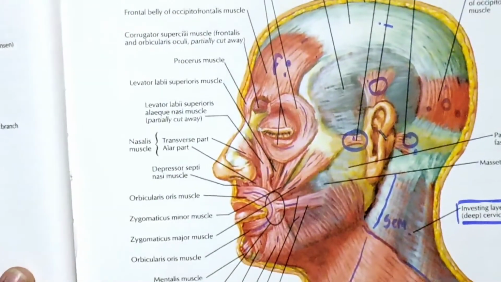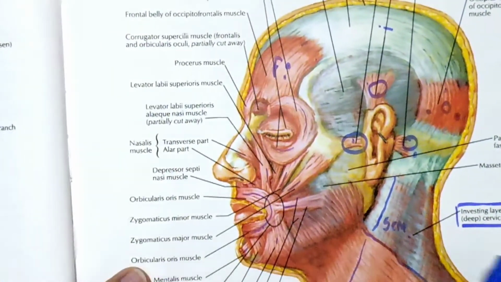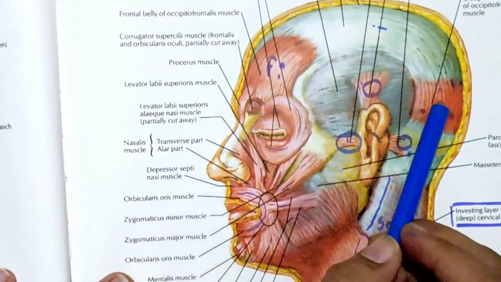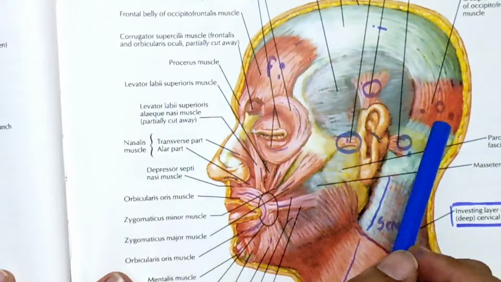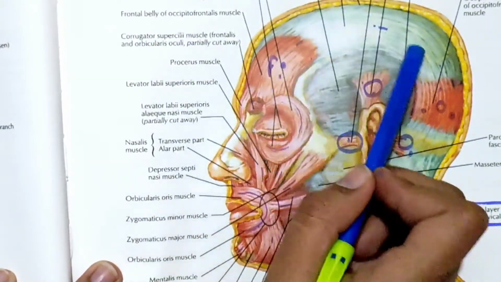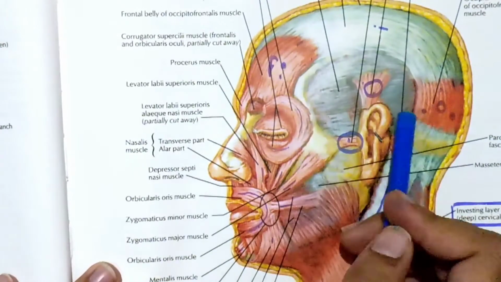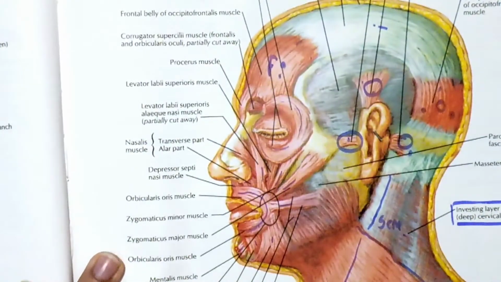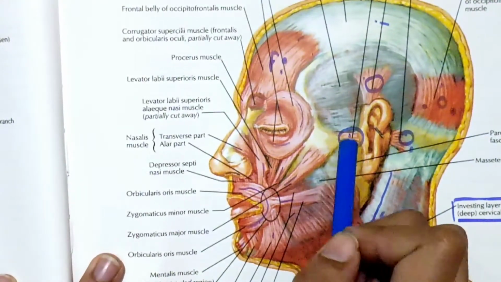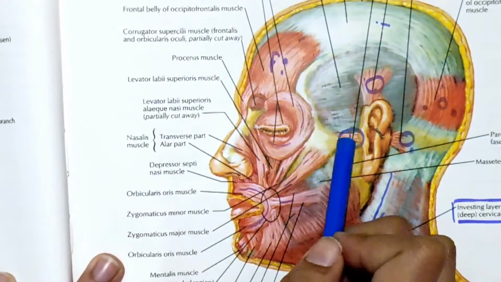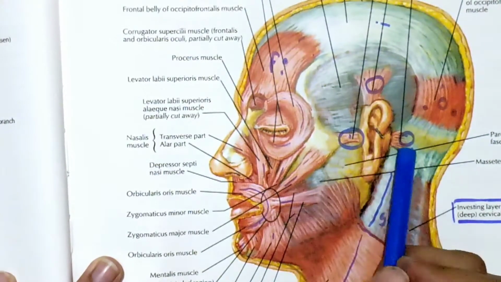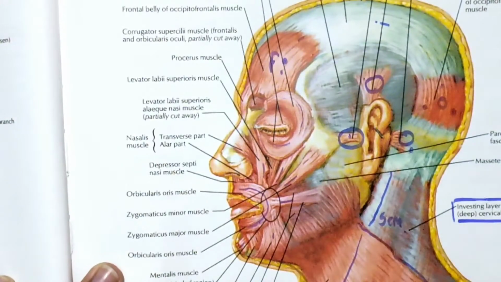In this diagram, first of all let's see the muscle of the scalp. We have the occipitofrontalis. It has two bellies, first occipital, then frontalis, and in between there is an aponeurosis. Then we have muscles around the ear: auricularis anterior, auricularis superior and auricularis posterior.